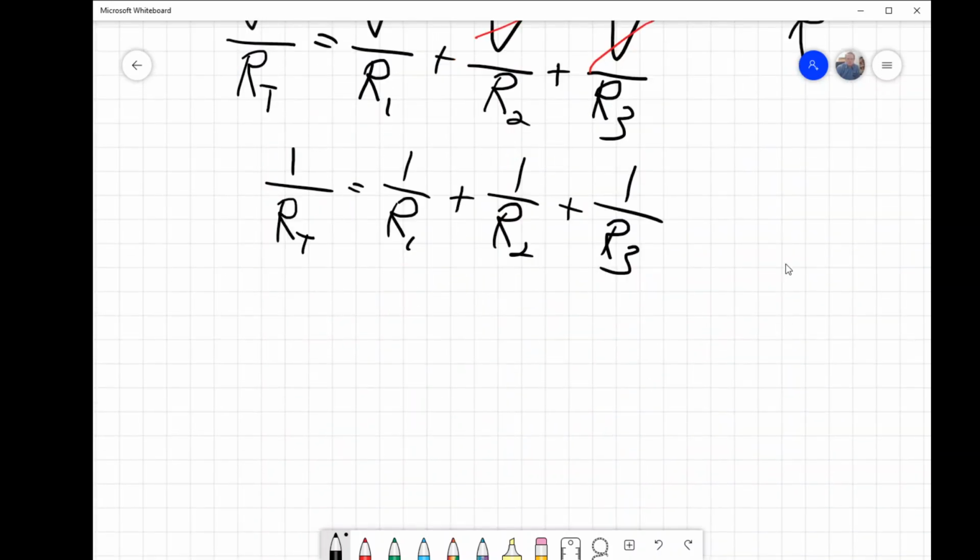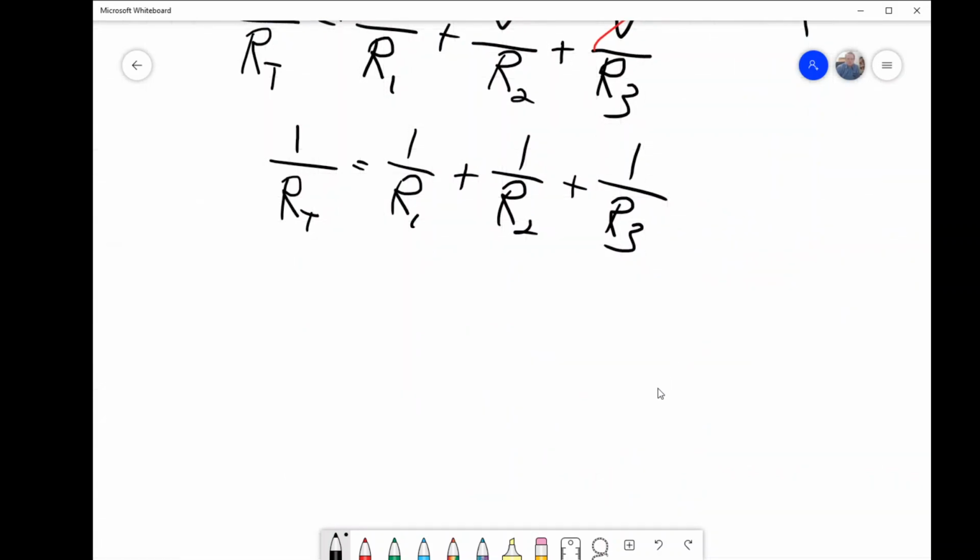So there's a very strange thing that happens here. This means the more resistors you add in parallel, the lower the total resistance of the circuit becomes. It's counterintuitive. You're adding resistors and producing less resistance. That's easier to see if we say that R1, R2, and R3 are all identical.